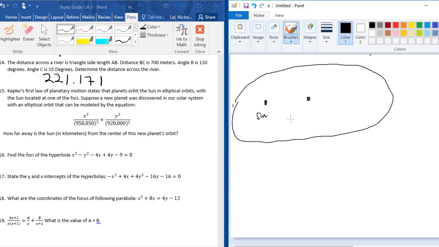We need to find the distance between the sun and the center, and we're given the equation of the ellipse.